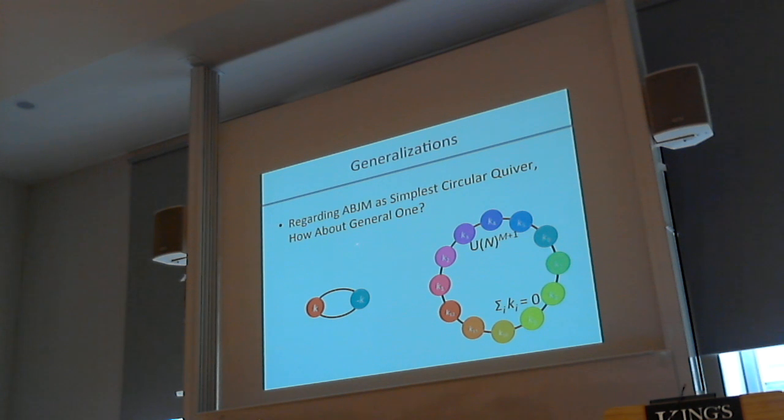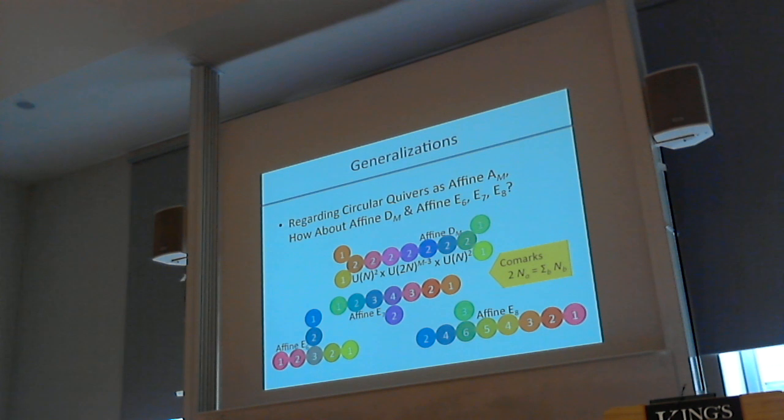Then we can ask, how about the general circular quiver? How can we apply the Fermi-gas formalism? Or we can regard the circular quiver as the Dynkin diagram of affine A type, and then we can ask how about the affine B type or affine D type.